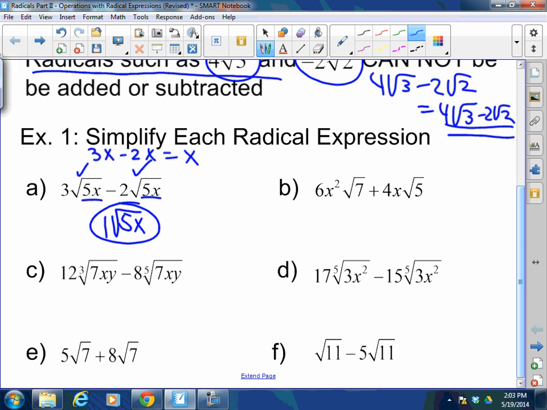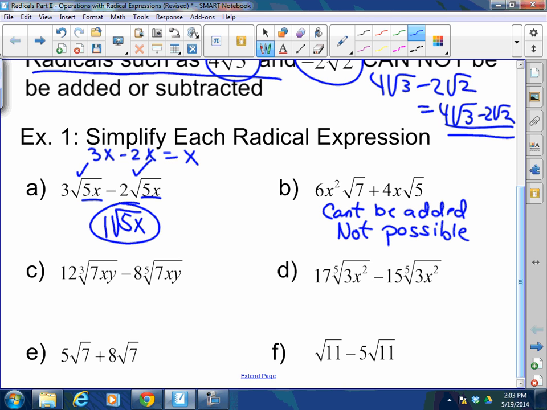How about B, guys? Wow, quick answer. Good job. 6x squared times square root of 7 plus 4x square root of 5. You cannot add these. These are not like radicals. So, can't be added. Or you could say, not possible.